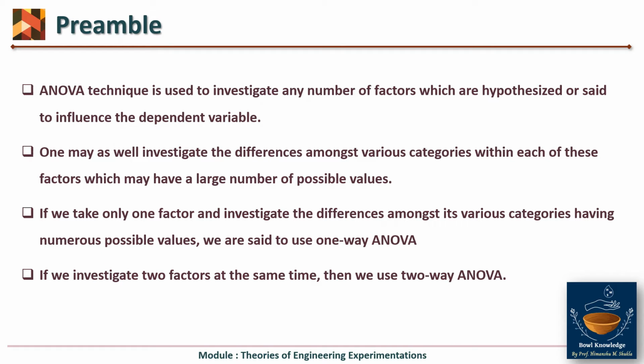Then again, it is the technique which is used to investigate any number of factors which are hypothesized to influence the dependent variable. This is one of the beauties of this method, that it can investigate any number of factors. The number does not have any cap. It is not that you can consider only two or three factors, but however many hypotheses you have.